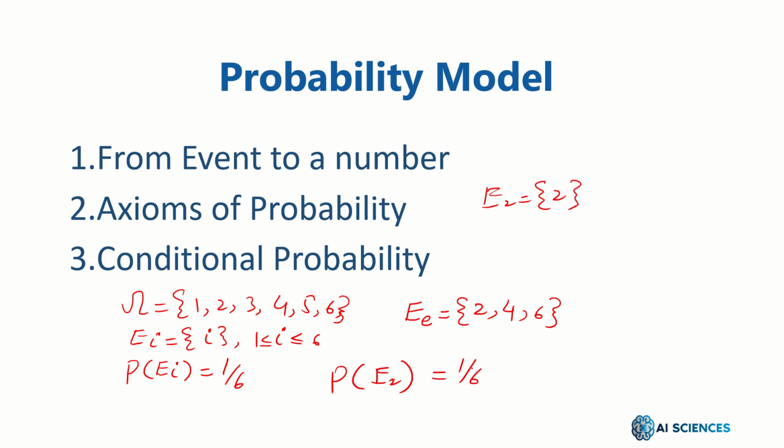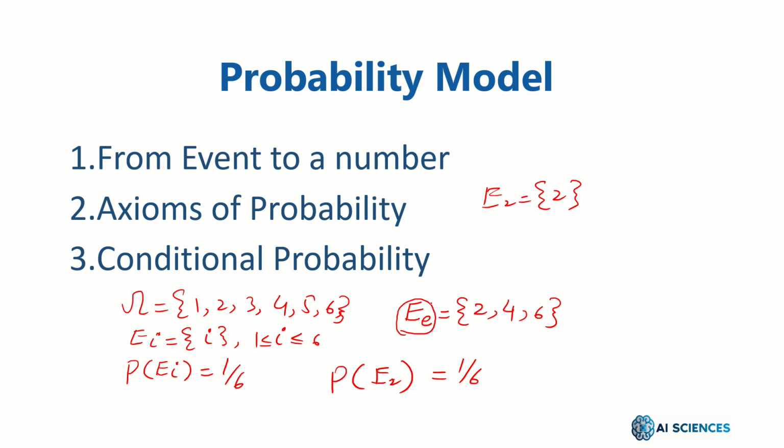But imagine you are going to do the experiment, you are going to roll a die, and before rolling the die, somehow you have a belief that this event will occur.